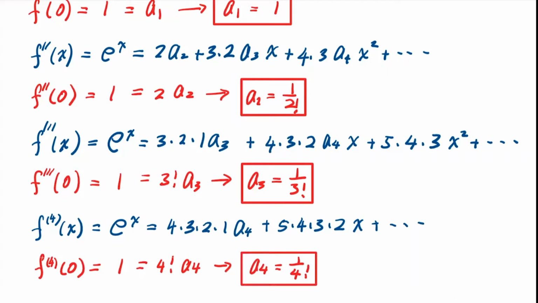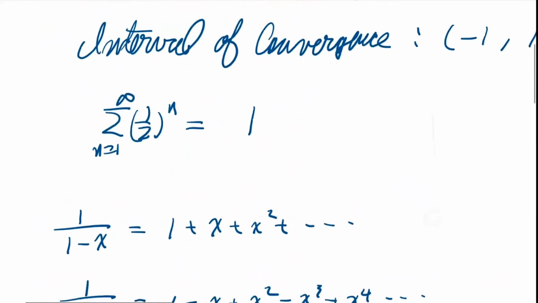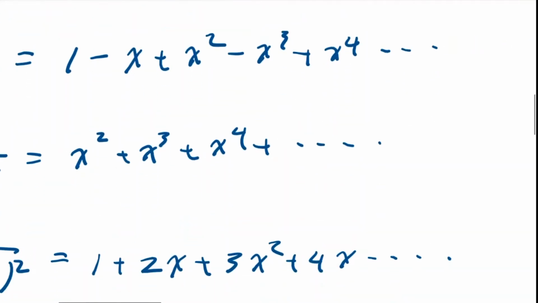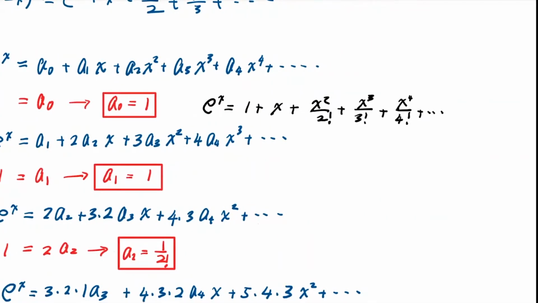And now we see the pattern, right? So we can say dot dot dot here. A n is equal to 1 over n factorial. Are you with me? So we go up here. Let's put this in sigma notation now.